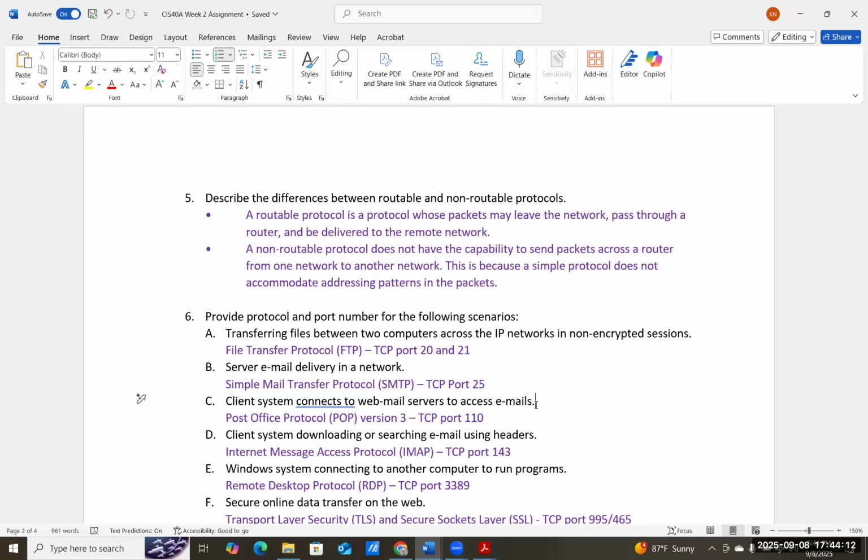And then you're able to search using a keyword or an email address in your inbox. That is IMAP, and it uses port 143. And again, it's also under TCP.